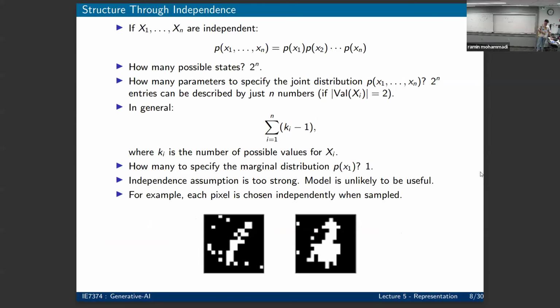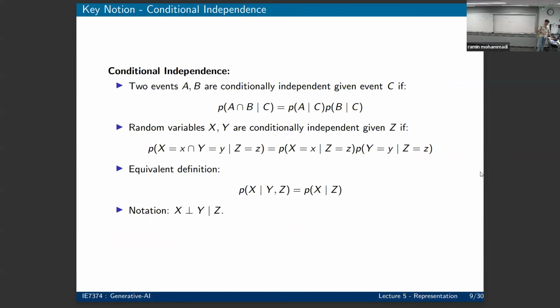So we take that one level further and make another assumption: conditional independence. Instead of just direct independence, we go to conditional independence. Basically, we say A and B are conditionally independent of each other, given some additional variable C. So you can write it this way.